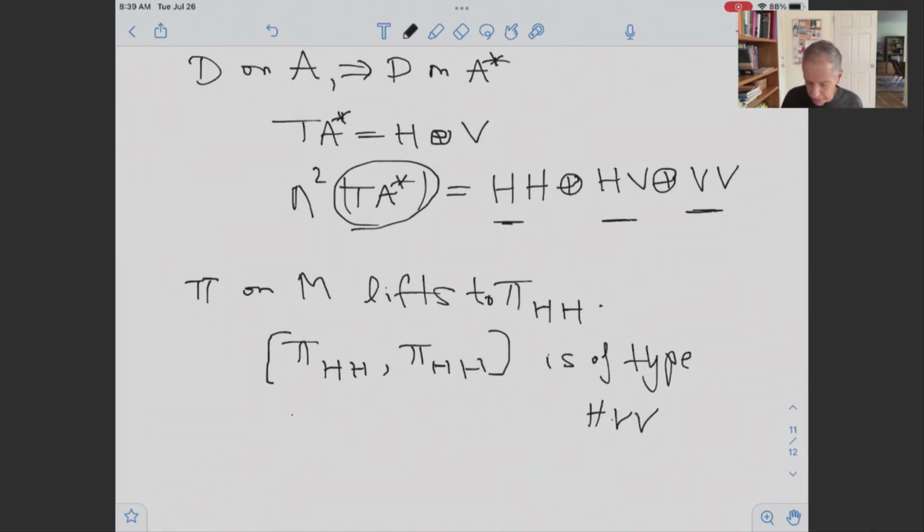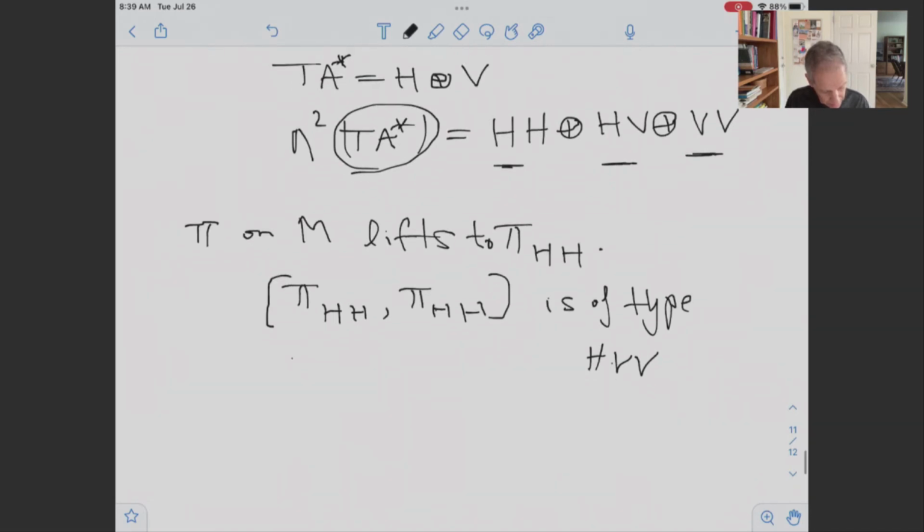The HH parts go away because pi was a Poisson structure. So we're just left with the HVV part, which depends on the curvature. And there's a formula for it, which I won't write down.